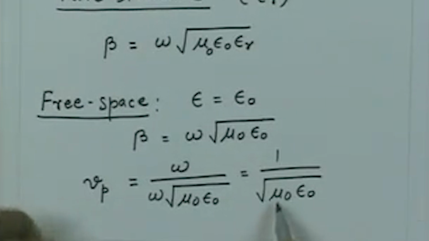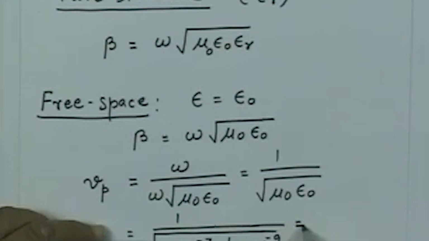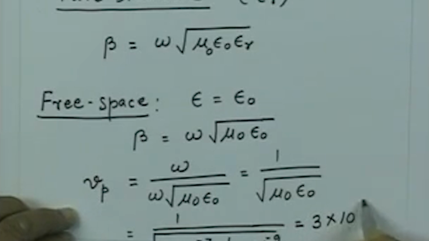If I substitute for mu 0 and epsilon 0, this will be 1 upon square root of 4 pi into 10 to the power minus 7 into 1 upon 36 pi into 10 to the power minus 9, that will be equal to 3 into 10 to the power 8 meters per second.